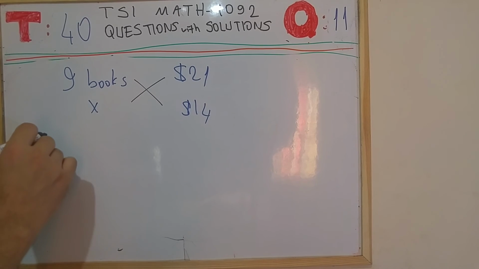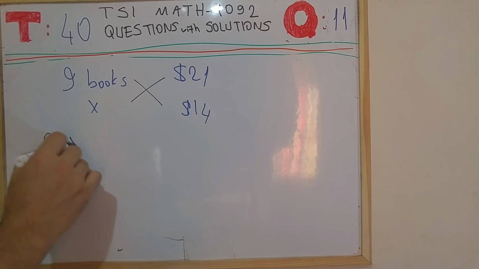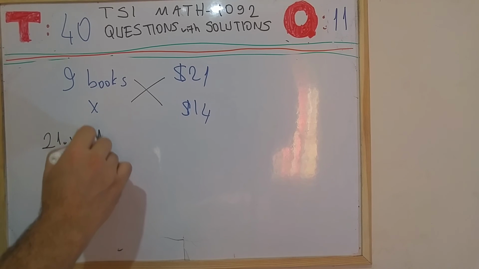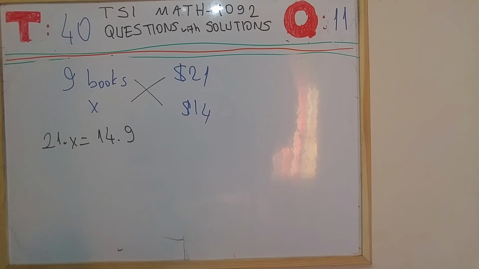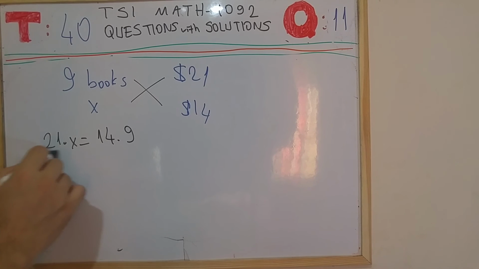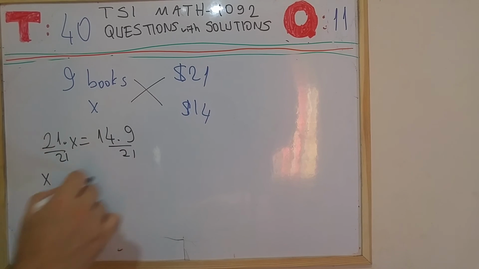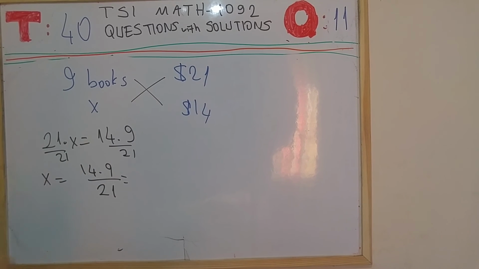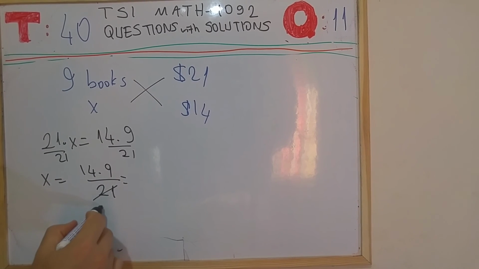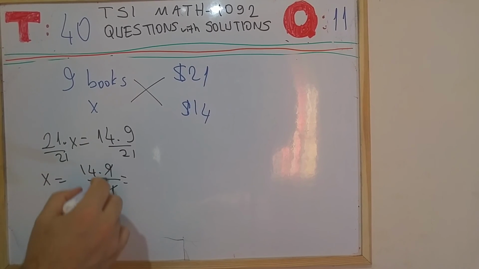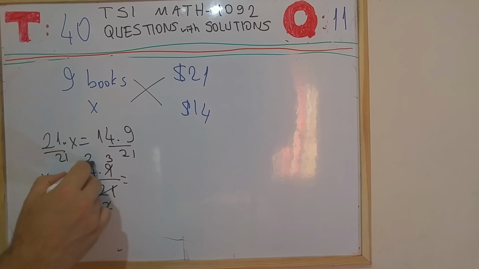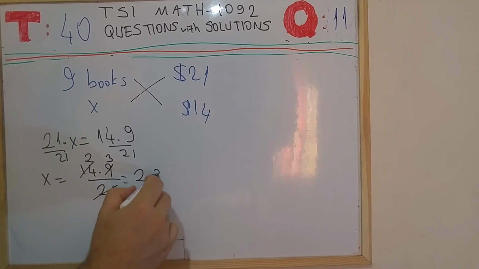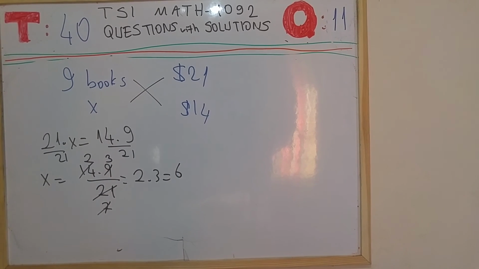It means that 21 times x is equal to 14 times 9, and when I divide each side by 21, x is equal to 14 times 9 over 21. 21 could be divided by 3, so it's left as 7. 9 is divided by 3, so we have 3. 7 divides 14, so we have 2, and the result is 2 times 3, which is equal to 6.